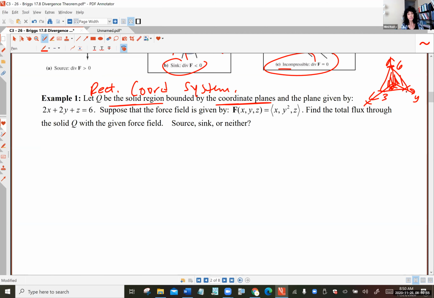And they want, if you did submerge this entire solid into the jacuzzi, what's the total flux through the solid? And then after we find the answer, we'll figure out, is it a source, sink, or neither?